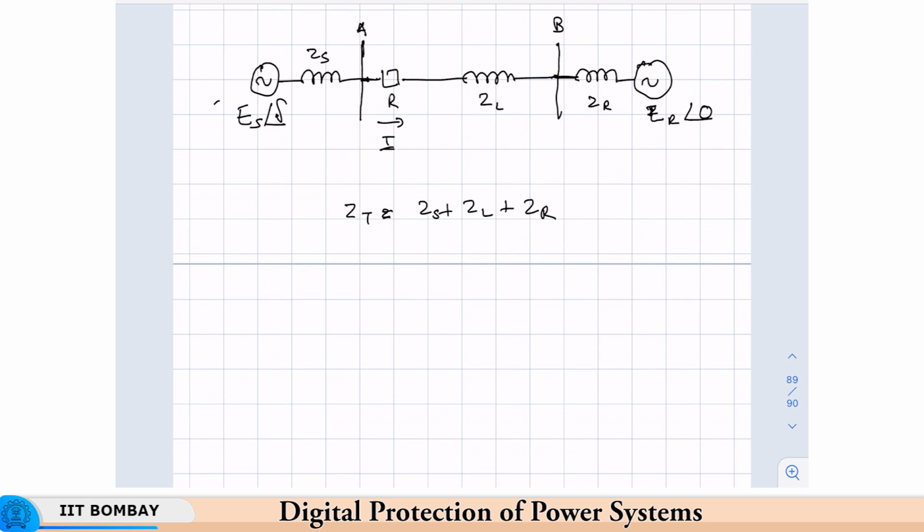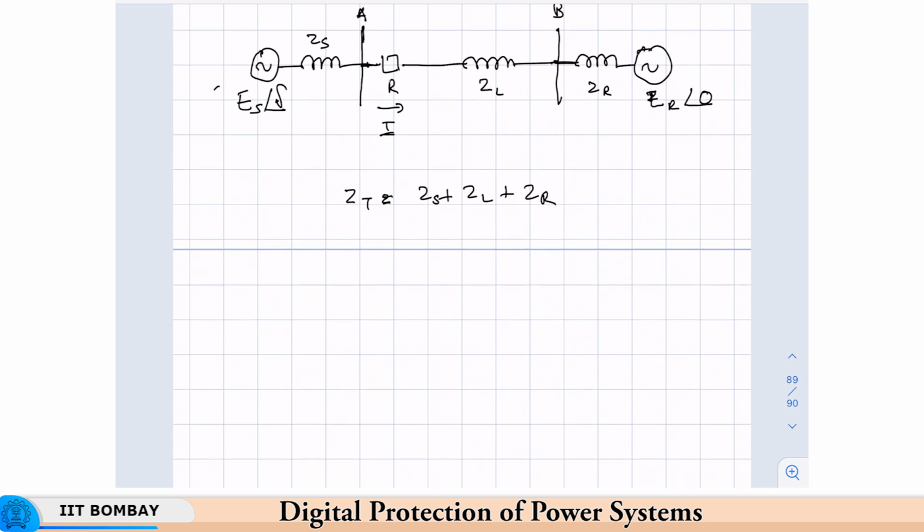And the voltage here at A, at the relaying point, is E_S angle delta minus I times Z_S, and the current flowing is I relay or I. The current which is flowing is E_S angle delta minus E_R, I will write it a bit clearly, divided by the total impedance.